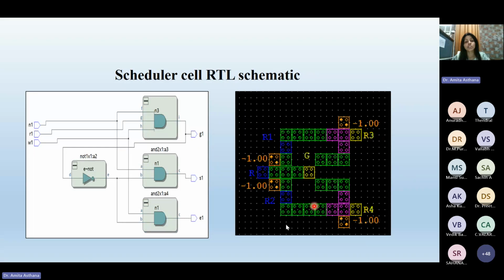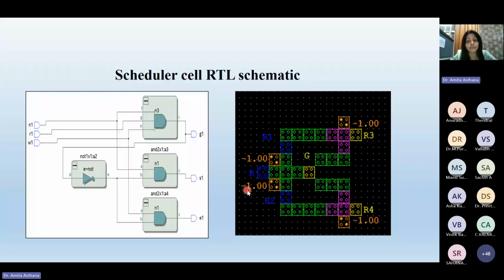So this crossbar scheduler, since we have already proved that QCA technology is always looking good in comparison to the CMOS technology, why not compare this crossbar scheduler with Verilog, SystemVerilog?